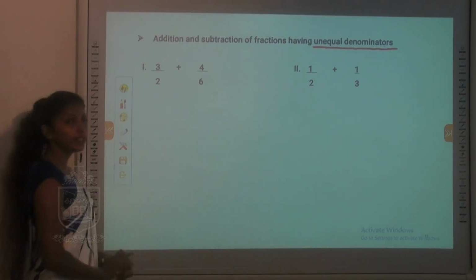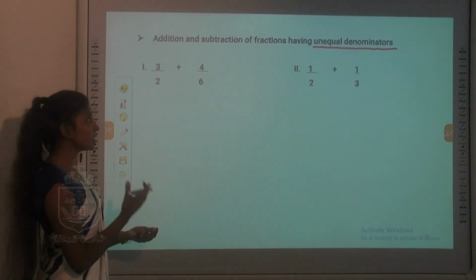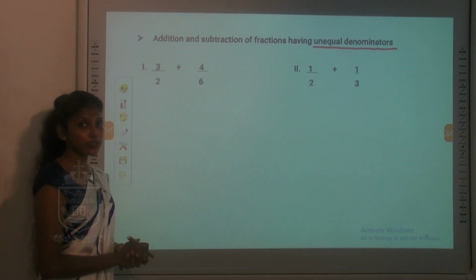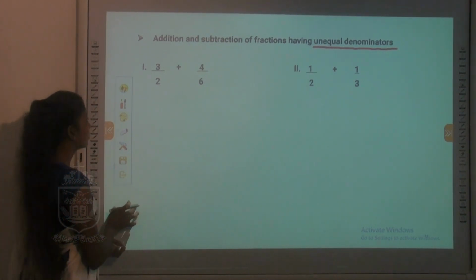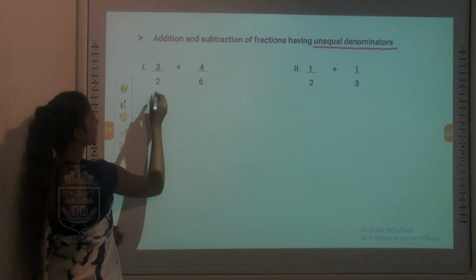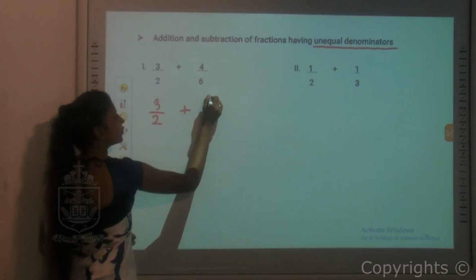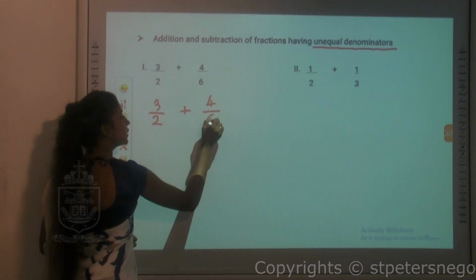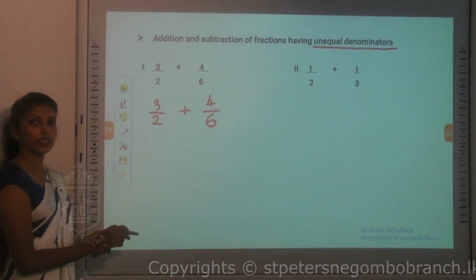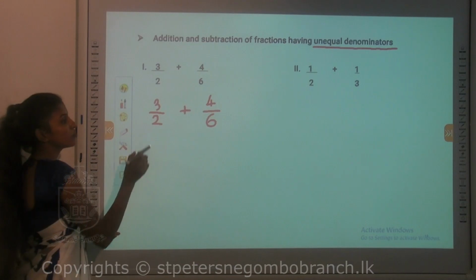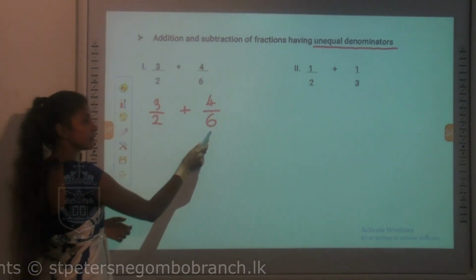Right. So we already know how to make equivalent fractions for a given fraction. So let's do it. We have 3 over 2 plus 4 over 6. What is the LCM? It's easy for us to make it into 6. This is already 6.